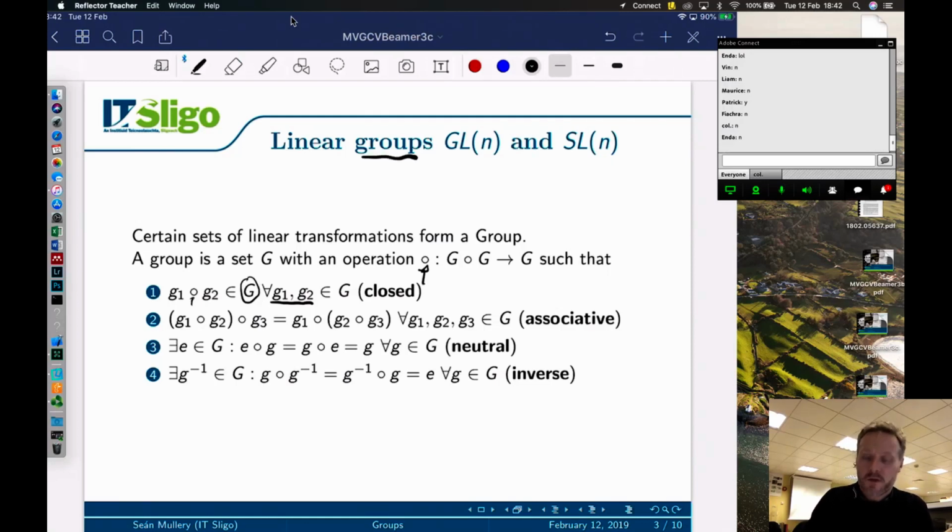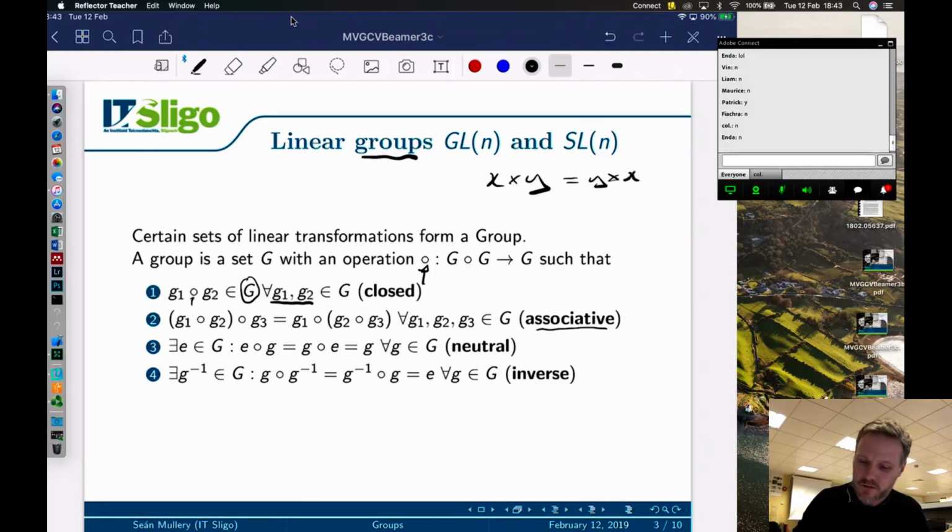Okay? The second thing that's required is this associative law, which I'm sure you've seen many times in other things, which is just to do with if we're putting three operations together, which two we do first, and then the third one, and how we move about with those things. Now, be careful. This is not the same as the commutative law, whereby if I take two numbers x and I multiply that by y, that's the same as multiplying y by x.